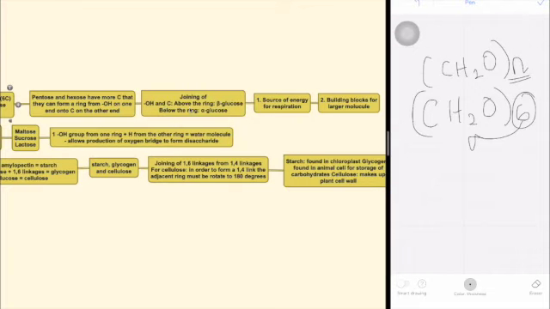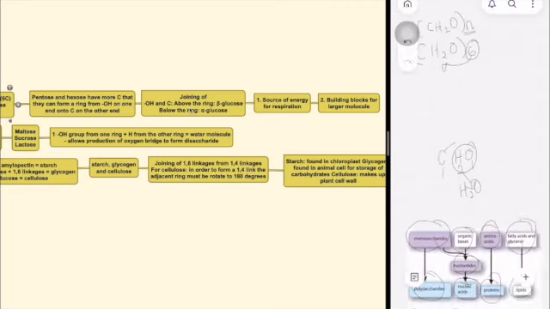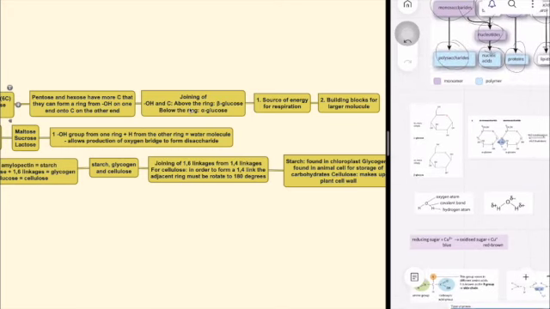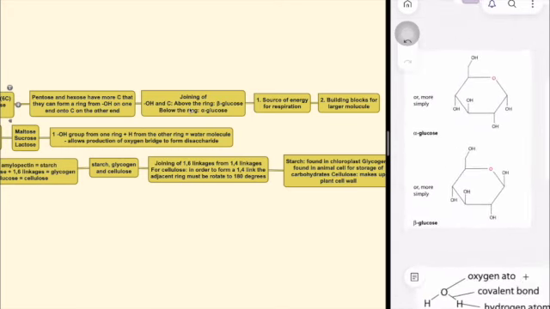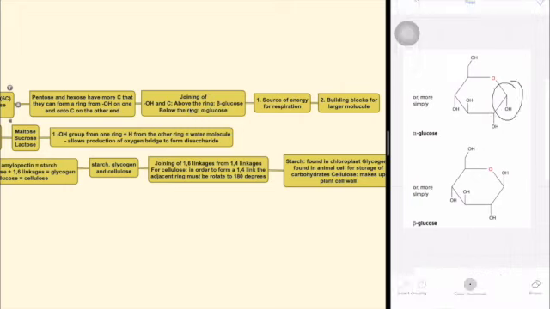Next is the joining of the hydroxyl group and a carbon. If the join is above the ring, we call it beta glucose. If it's below the ring, we call it alpha glucose. I'll give you an example of alpha and beta glucose here. This is an example of monosaccharides. As you can see, one is below and one is above.